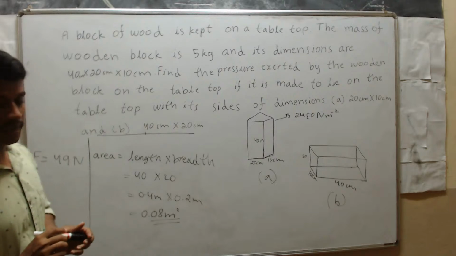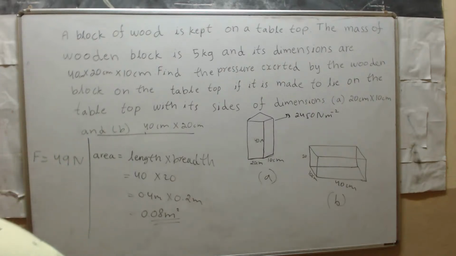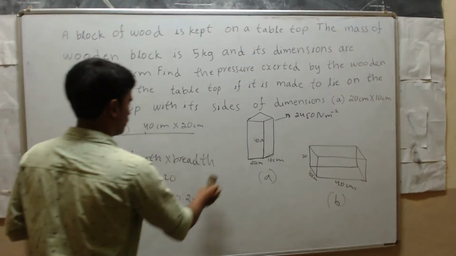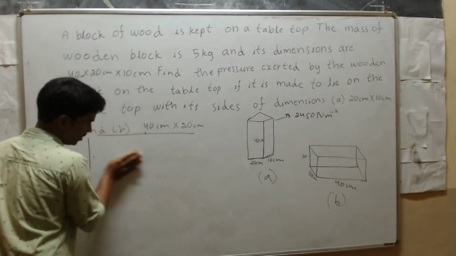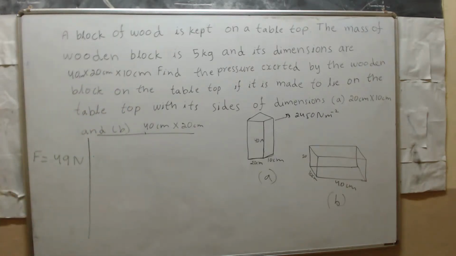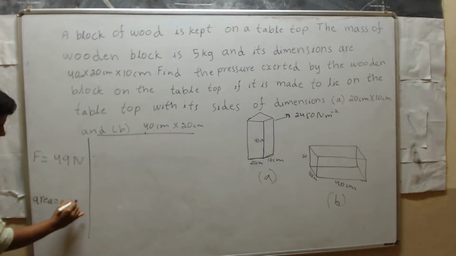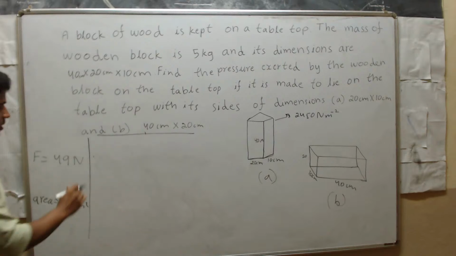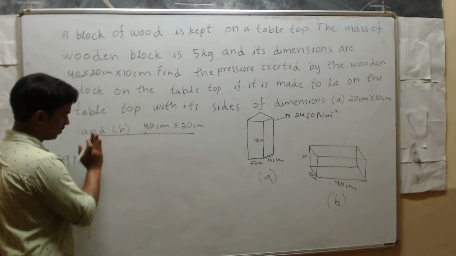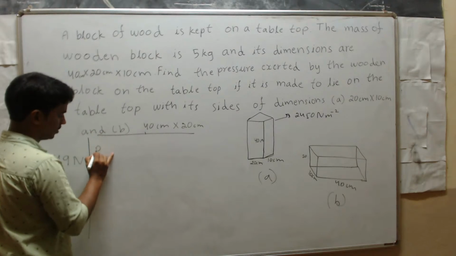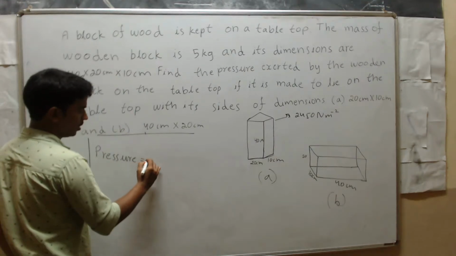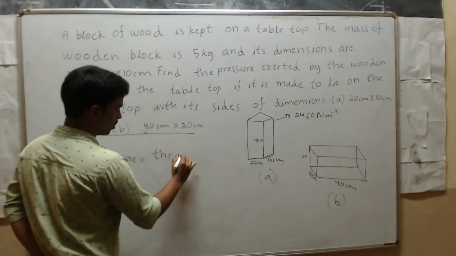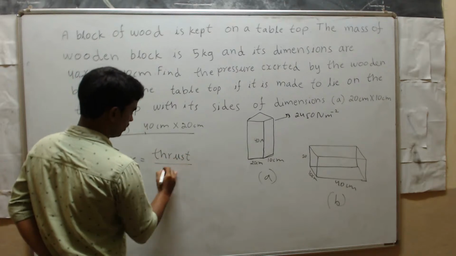So now we got the area, right? Now calculate pressure. Area is equal to 0.08 meter square. So now pressure is equal to thrust by area.